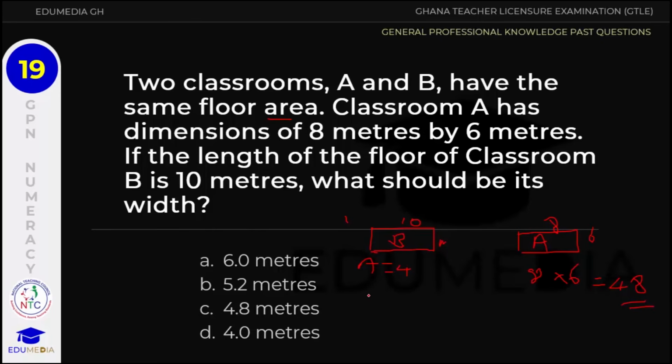So we're going to have the area, which is 48, equal to 10 times width. So 48 equals 10W, and you do your division, divided by 10, and you have your width to be 4.8 meters. So 4.8 meters, that's the correct answer here.